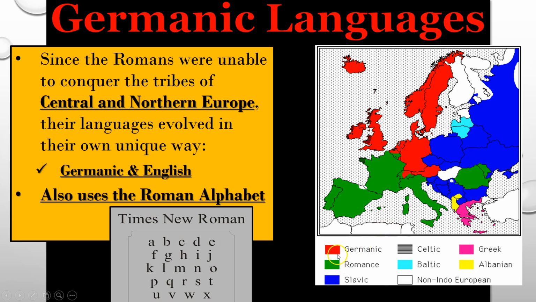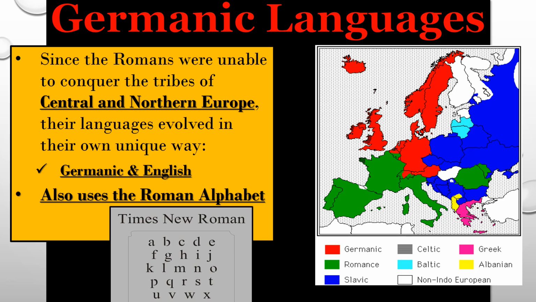If you look on this language map, Germanic languages are spoken in Germany because it includes German, but it also includes English, which is why so many of my students, when they saw this alphabet, said, hey, that's our alphabet. It just happens to say Times New Roman. That's the font you most often see when you're getting ready to type something.